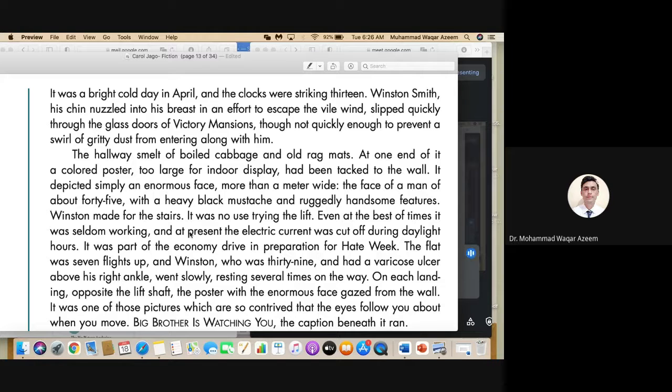This novel is about how certain dictators change the reality for the people living in a particular society. While historically speaking, we never believed in a clock striking 13, because the clock stops at 12.